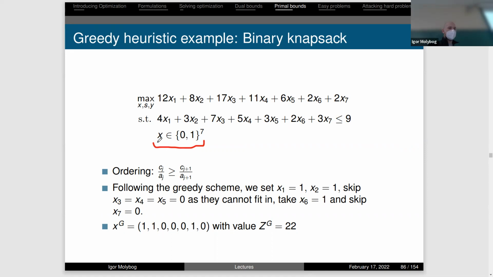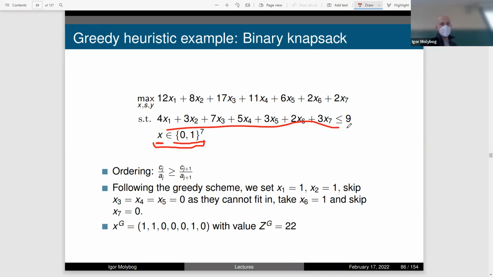Here we have a string X, a binary string that encodes all of the possible subsets of 7 objects. And we are maximizing the value of the subset subject to a capacity constraint that we have to obey.